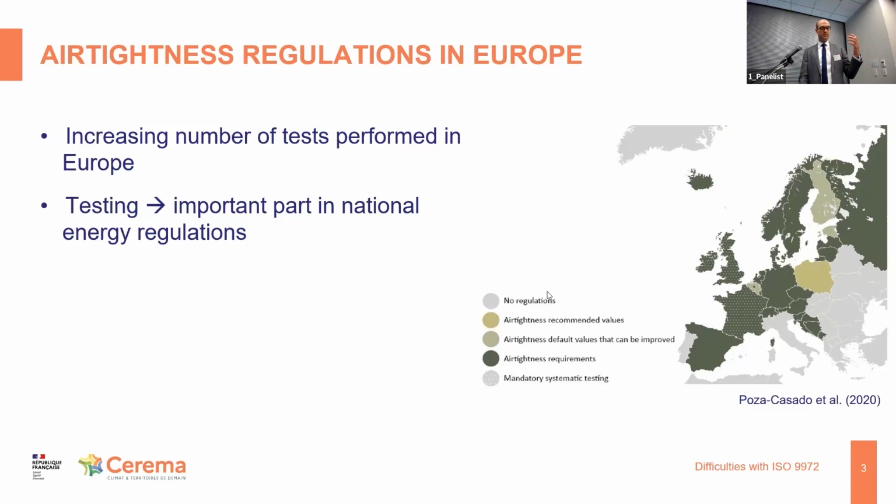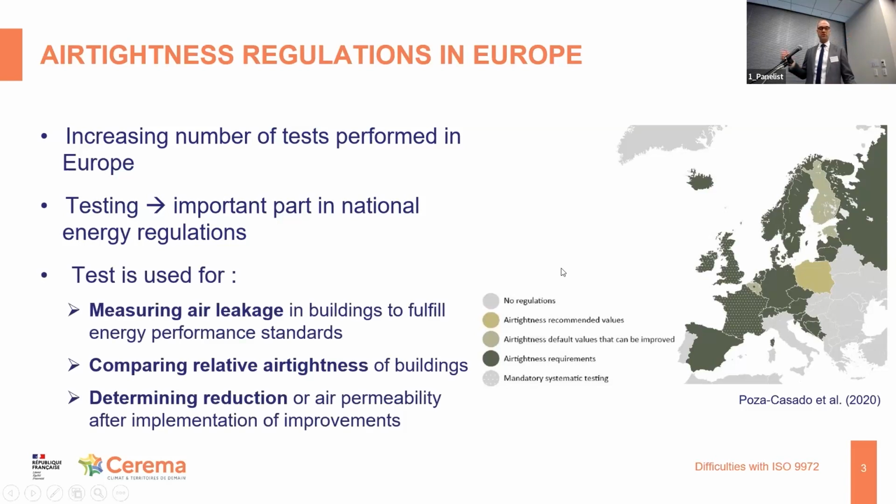This testing is mainly used for measuring the air leakage in these buildings to fulfill these energy performance standards, to compare different buildings among each other, or to determine the reduction of air permeability after renovation is done.